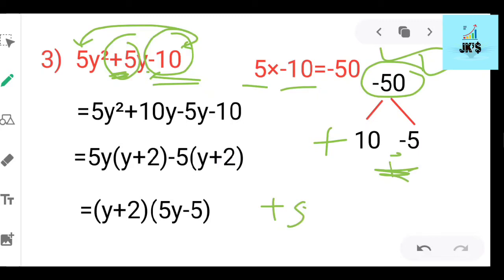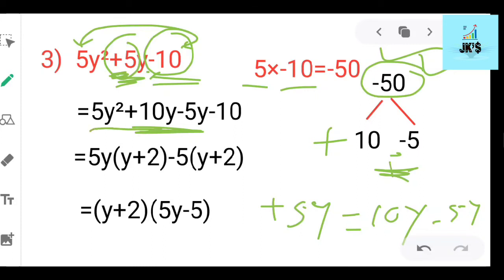So this 5y is written as 10y minus 5y. Our plus 5y is written as 10y minus 5y. So the total terms are 4 now.